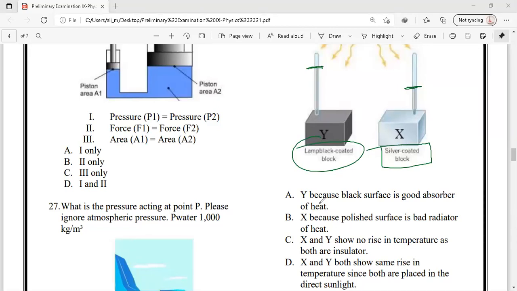So the correct answer is Y, and option A will be the correct answer, because Y is a black surface that is a good absorber as well as the good emitter of radiation.